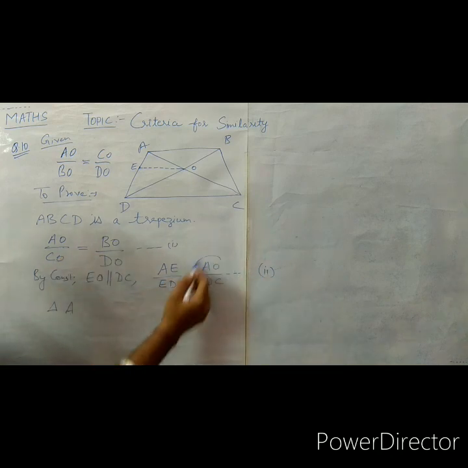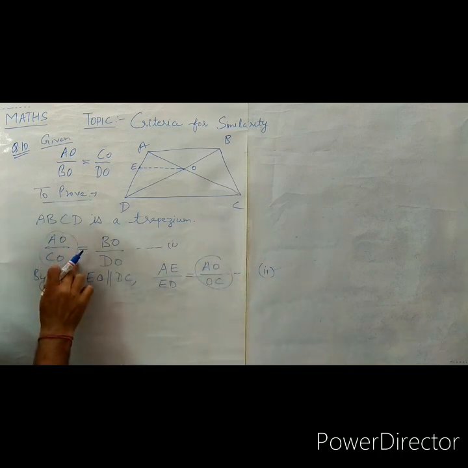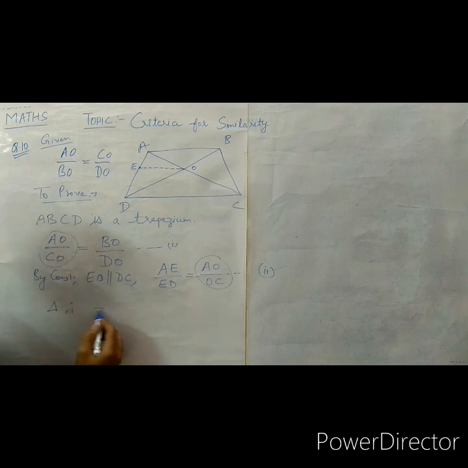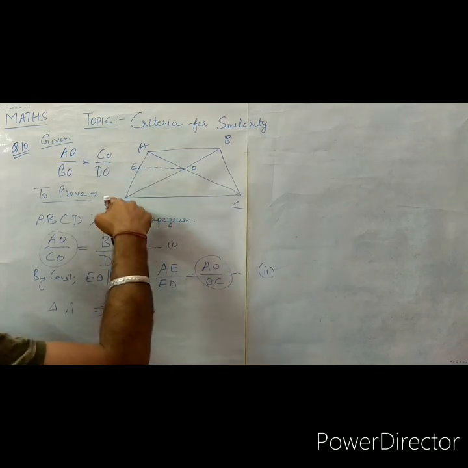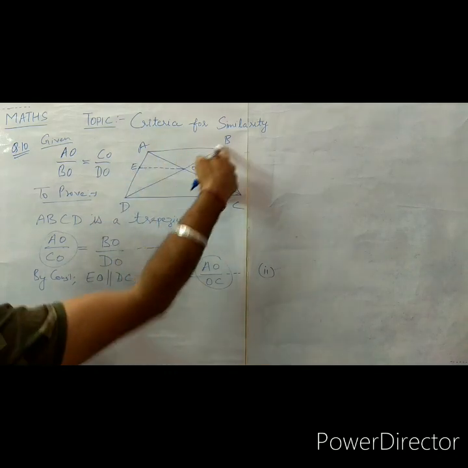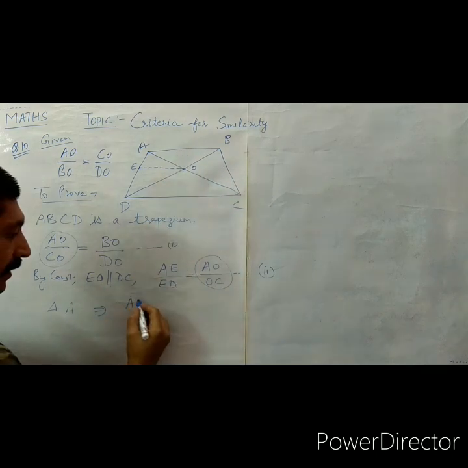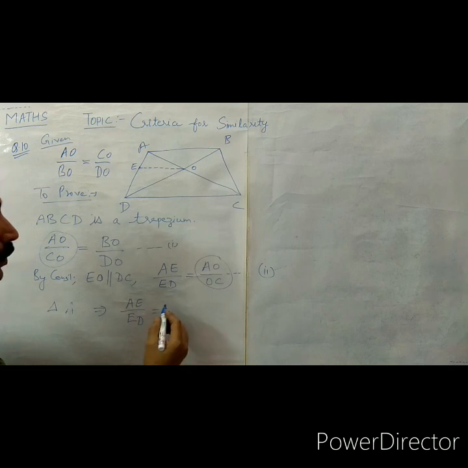From 1 and 2 these sides are equal, so this implies that AE upon ED is equal to BO upon OD.